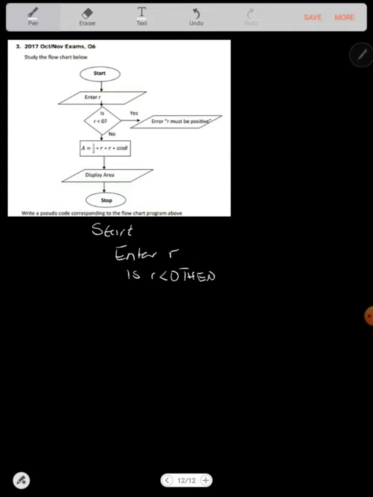You say then display error. Then you open, error must be positive. Okay? Else means if it's not yes, what happens? Else A is equal to.